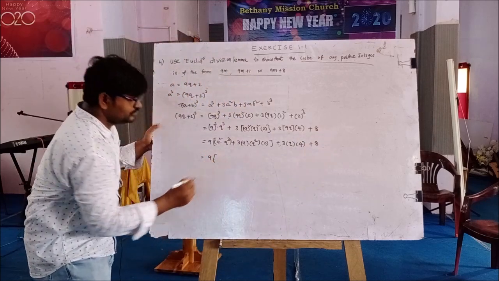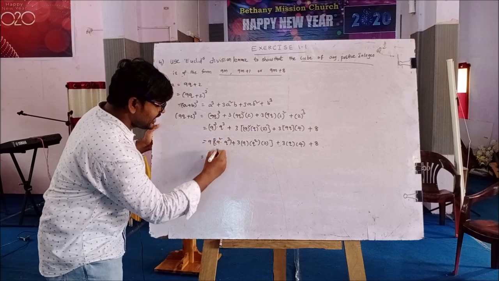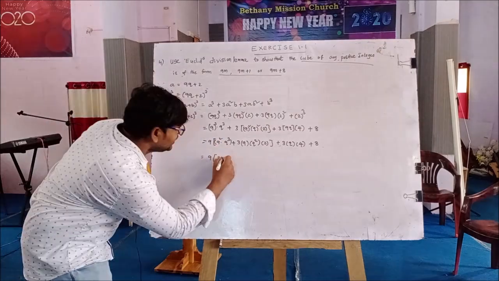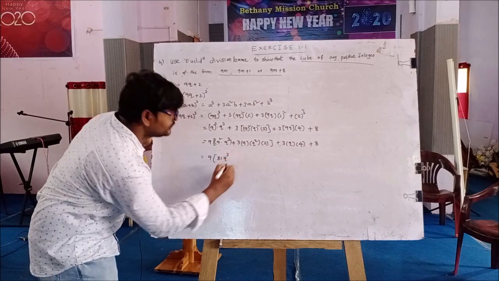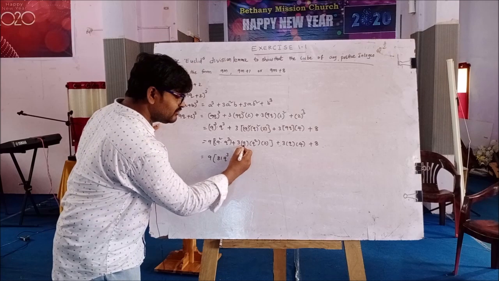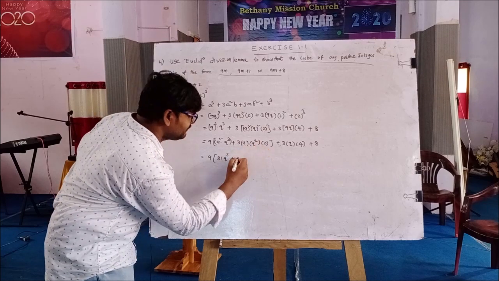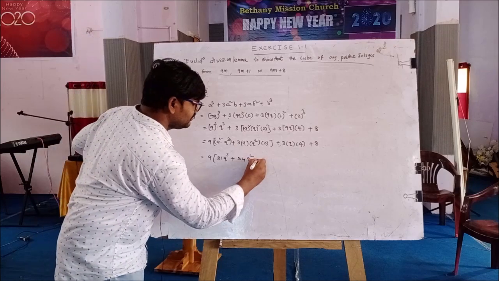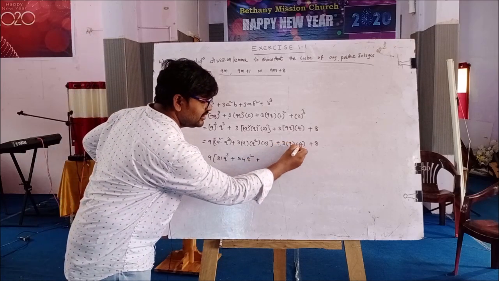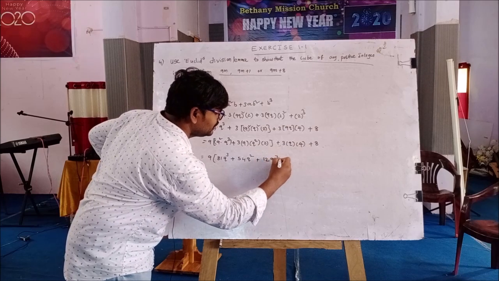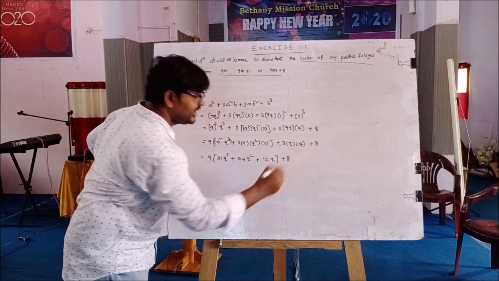So 9 into 9 square, 9 square value 81, into q cube plus 3 nines are 27, 27 twos are 54 q square, clear, plus 3 fours are 12 into q, 12q plus 8.